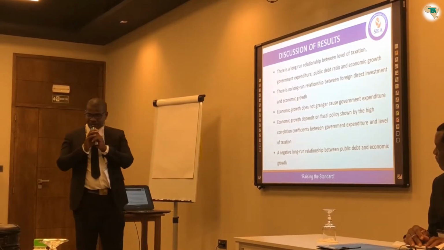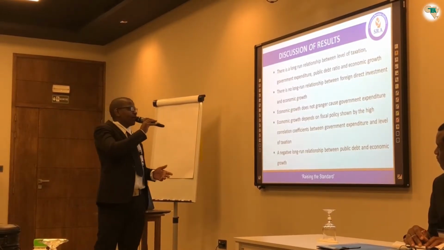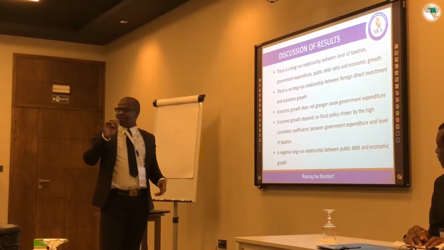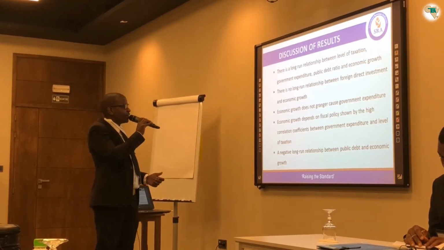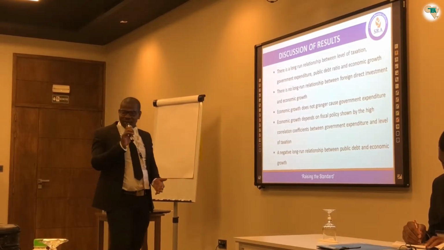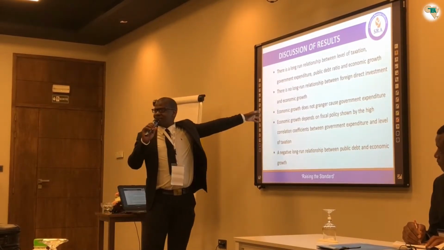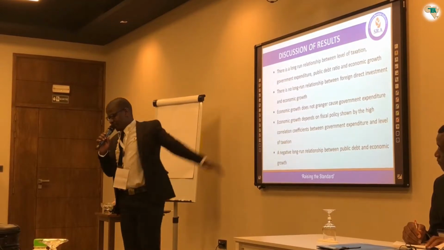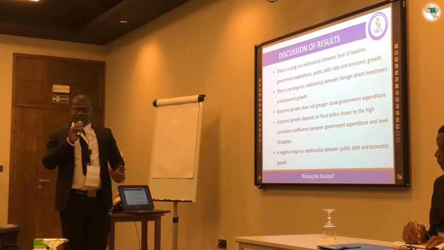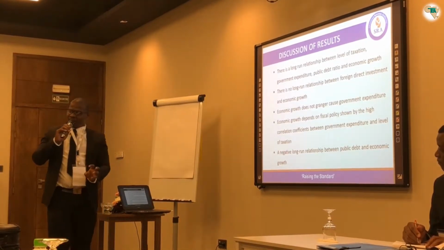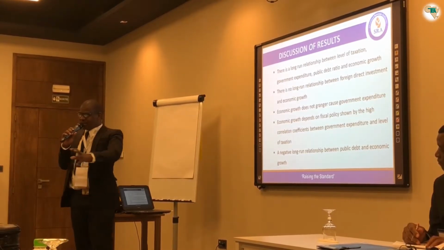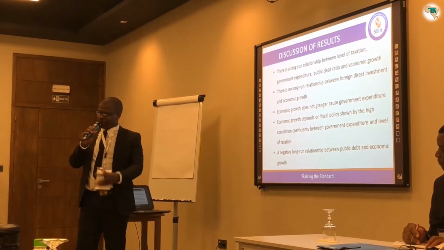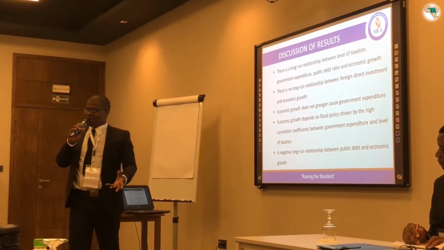For the public debt ratio, it is negative, and for the other two coefficients, level of taxation and government expenditure, it is positive. The reason why it is negative for the public debt ratio is that in the long run, public debt leads to distortion in the money supply, which means it increases the money supply, such that there is a capacity for people to spend more, because the government then has money.